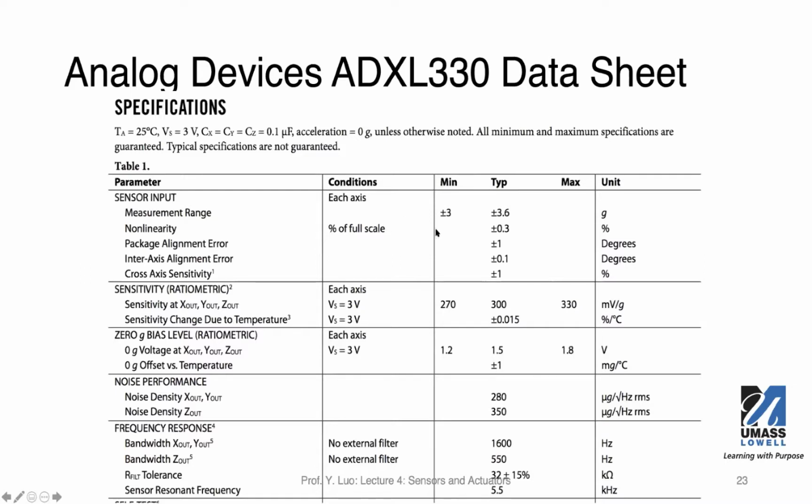The measurement range is typically plus or minus 3.6 g, because you have opposite directions. There can also be alignment errors: a package alignment error of plus or minus 1 degree, and an intra-axis alignment error of plus or minus 0.1 degrees.